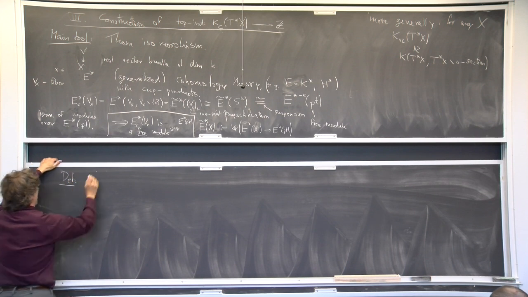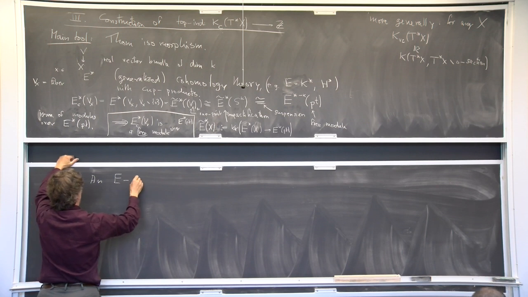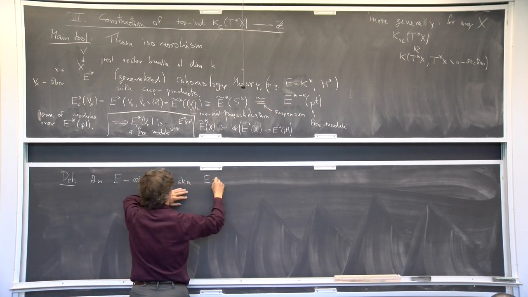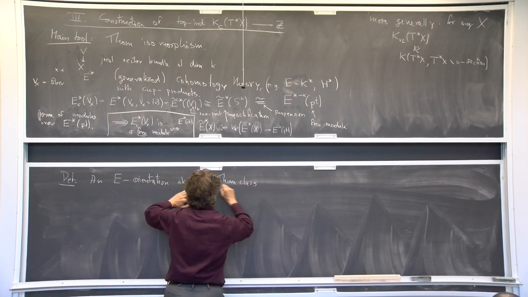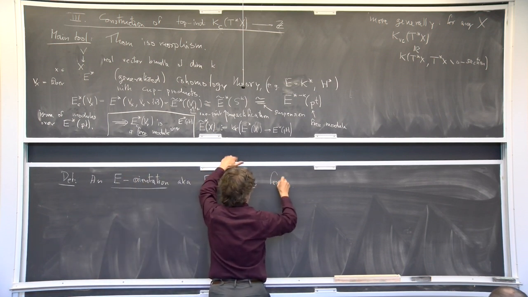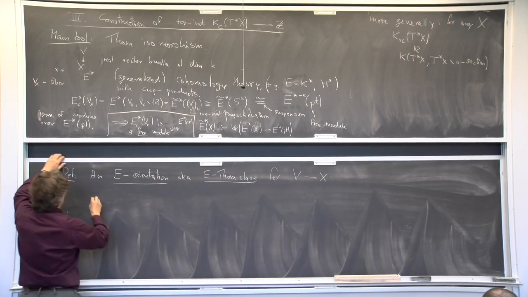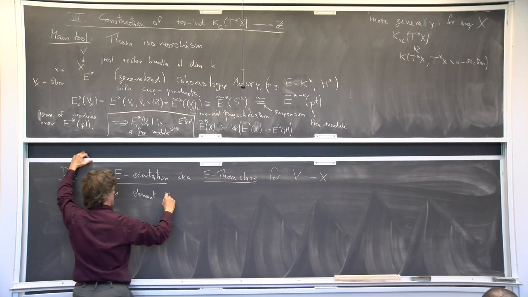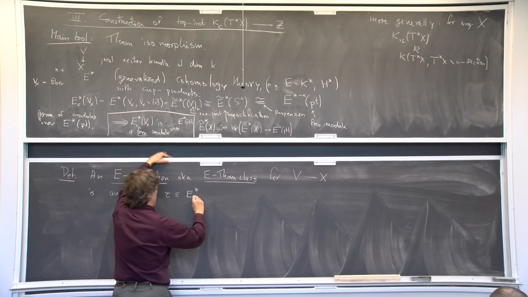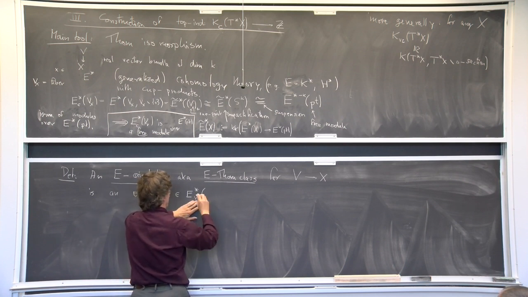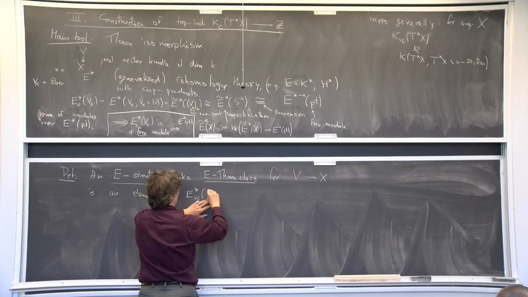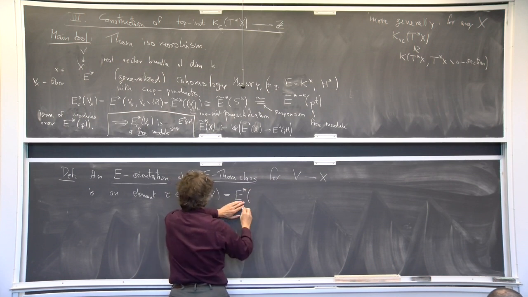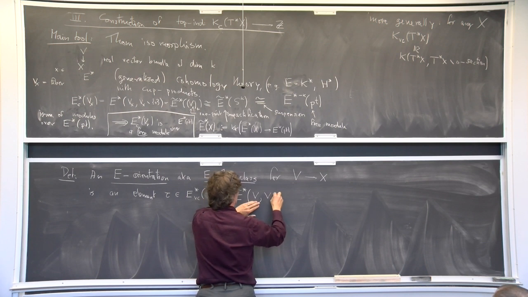Definition: an E orientation, also known as Thom class, for this vector bundle V over X is an element tau in the E-cohomology with compact vertical support of this total space, which is the same thing as what Mark likes, maybe the E-cohomology of space V relative to V minus the zero section.